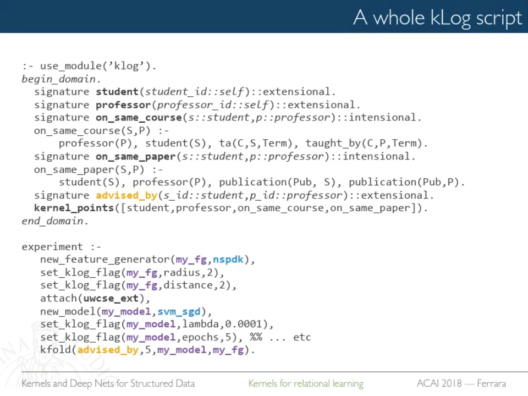Incidentally, in this domain, there are interpretations, or distinct instances of databases, corresponding to the computer science department of the University of Washington. There are a bunch of different research groups, and each research group is a different interpretation. Okay, so it's a different database.